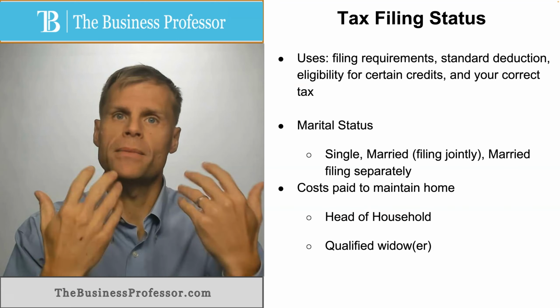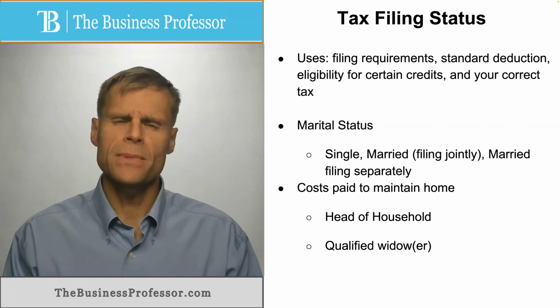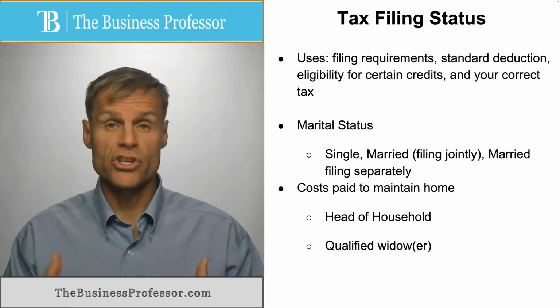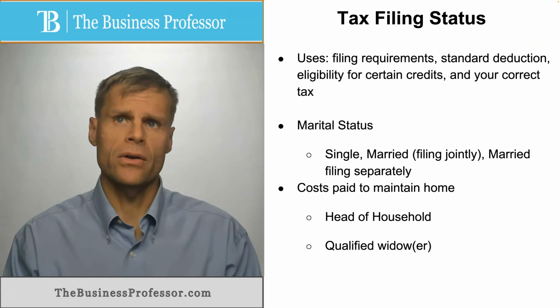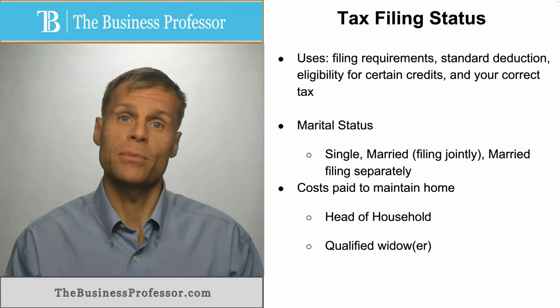So you are the primary earner and or the primary payor of these expenses. And again, it affects things such as your deduction amounts and things like that. Okay, but you are filing as the head of a household with dependent family members.